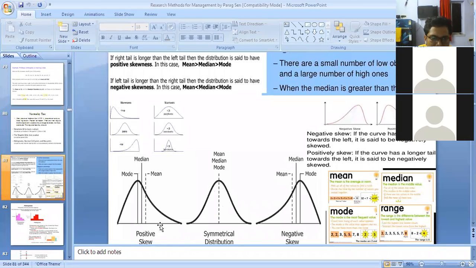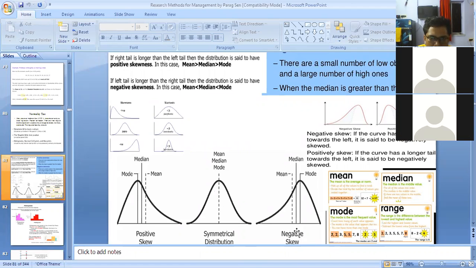In case of negatively skewed, the mean value is less than the median.